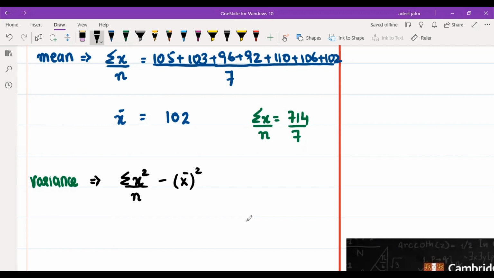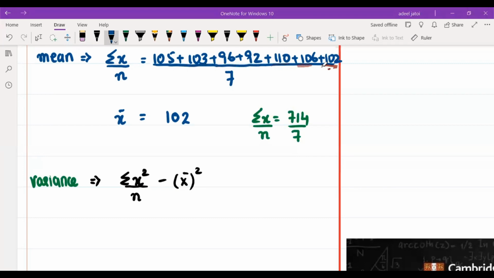When we talk about summation of x square, this clearly means that all the data we had initially, 105, 103, 96, 92, 110, 106, 102, each data point will be squared and then the values added.